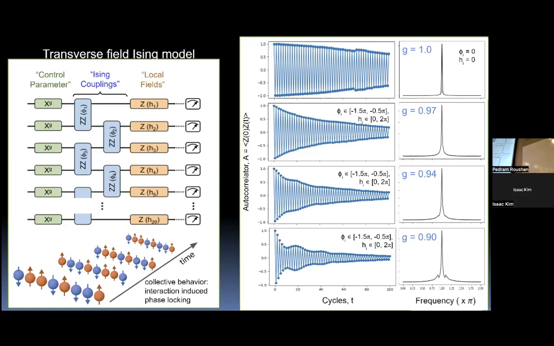Am I answering? No. So I guess my question was, is this an appropriate mapping to use for fermionic problems? No, there is no mapping here. This is the study of the transverse Ising model. There's no fermionic problem here.